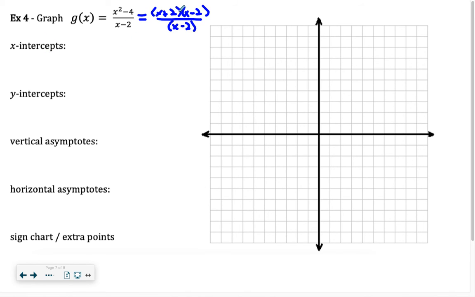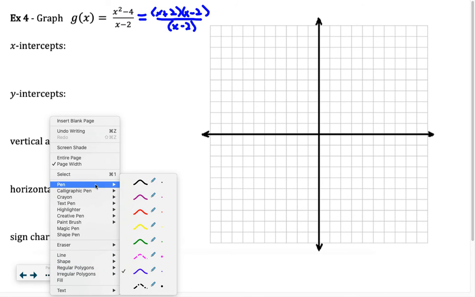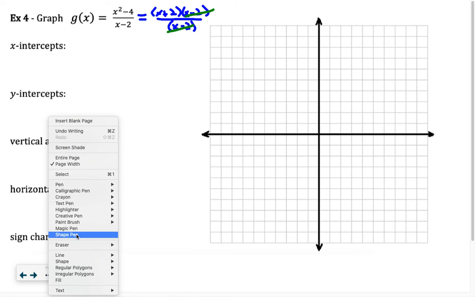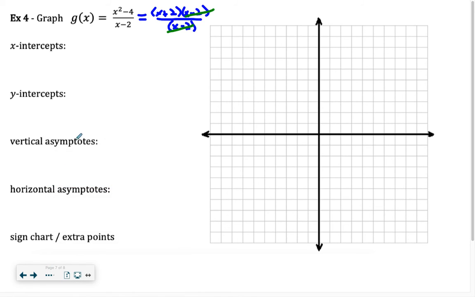We want to think about setting the numerator equal to 0, but we want to think about doing that after canceling anything out. So here, I would just be setting x plus 2 equal to 0, subtract the 2 over, and we'll get x equals -2.